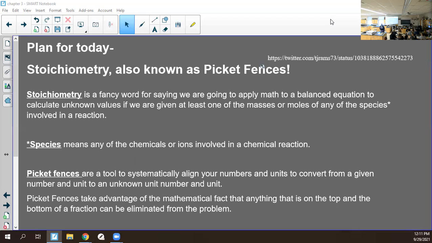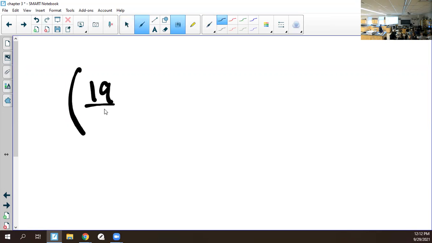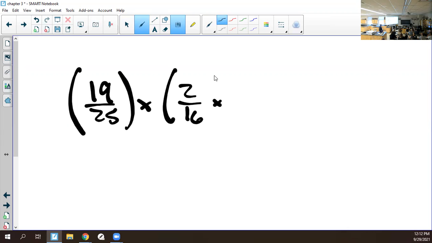All right, picket fences, they are not technically stoichiometry, but it's the words I use to describe the process of stoichiometry. Picket fences are a tool to systematically align your numbers and units to convert from a given number and unit to an unknown unit and number. Now in math, when you multiply things that have ratios or fractions, you'll have like 19 over 25 times 2 over 16 times 3/5 or something like that.